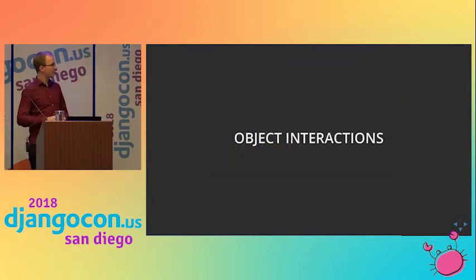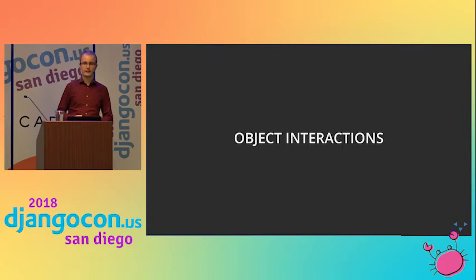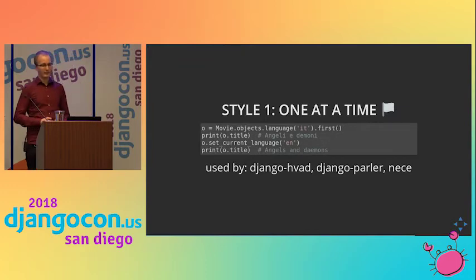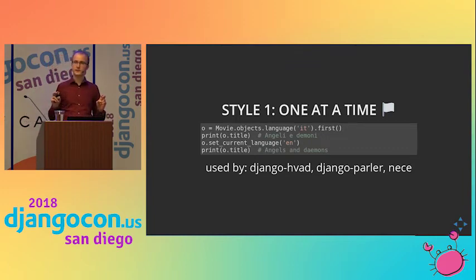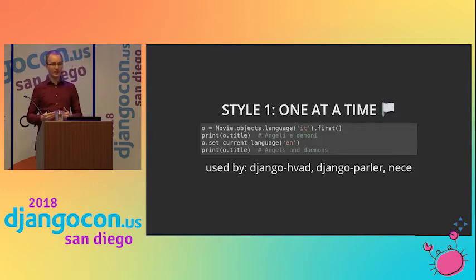And the third thing I want to look at in detail is how to interact with your model objects. In some of the libraries, you can only interact with one language at a time. This is mostly because of the joins that they're performing. If you pull the object from the database, it will pull the information for one language.